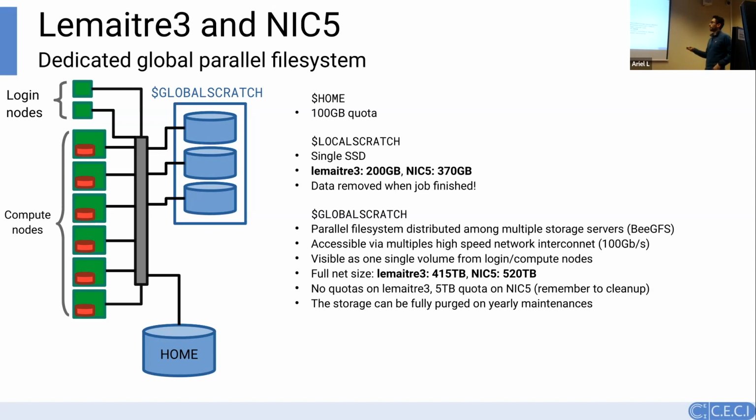But here I can just add servers in the network. It allows me to reach amounts that I cannot think of in a single machine. So to give you an idea, the net size of the global scratch file system on Lemaitre3, and on both, is about 500 terabytes, about half a petabyte.